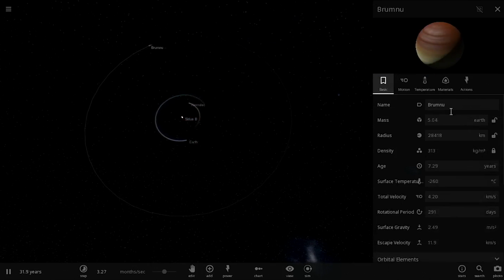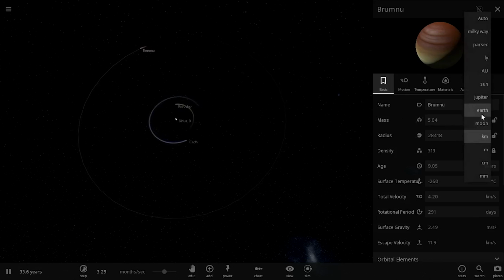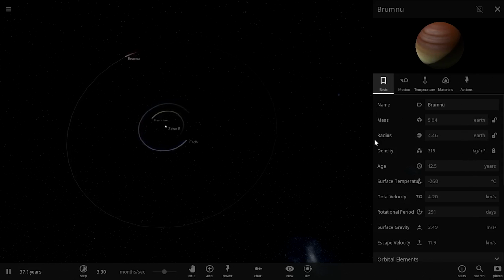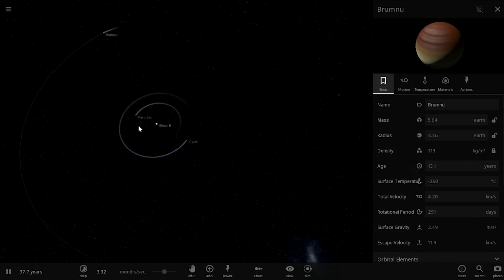It's got a mass 5 times that of the Earth. Radius, let's compare this to Earth. Its radius is 4.46 times that of the Earth's. Don't know about density. Age, well, I've only had it there for 11 years, because it's a random planet, meaning it doesn't have presets, it's just randomly generated.